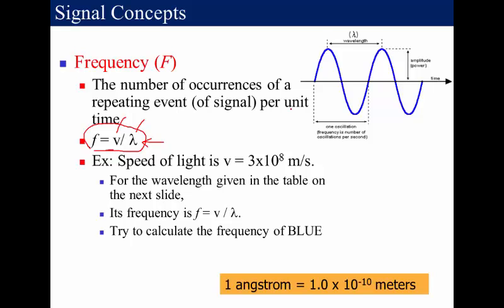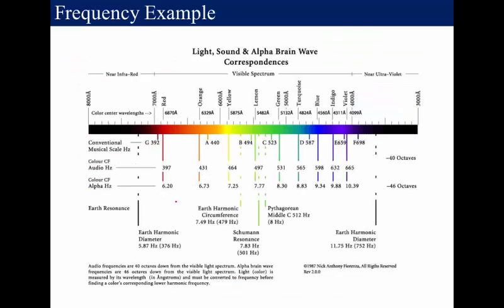So how many occurrences per second can be denoted as the frequency? So, for example, light speed is 3 times 10 to the power 8 meters per second, for the wavelength given in the table on the next slide, which is here.